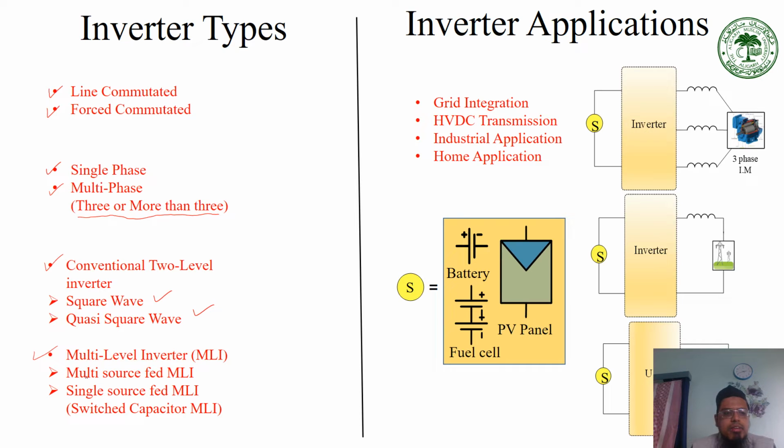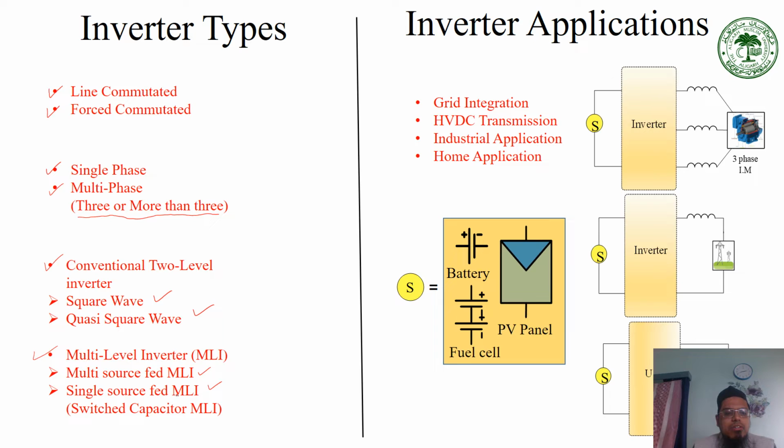And similarly, multi-level inverter could again be classified as multi-source fed multi-level inverter or single source fed multi-level inverter. In multi-source fed multi-level inverter, the input supply is more than 1.